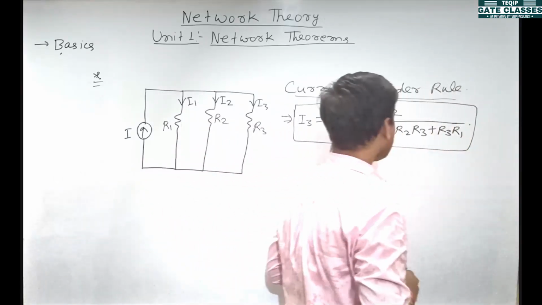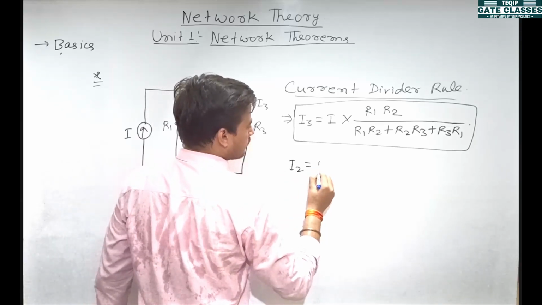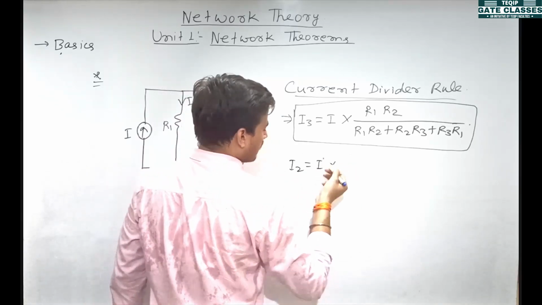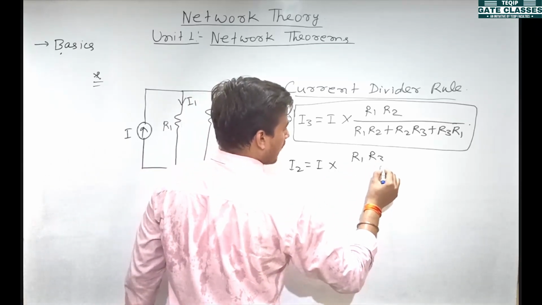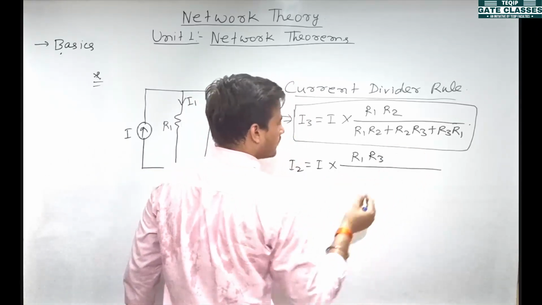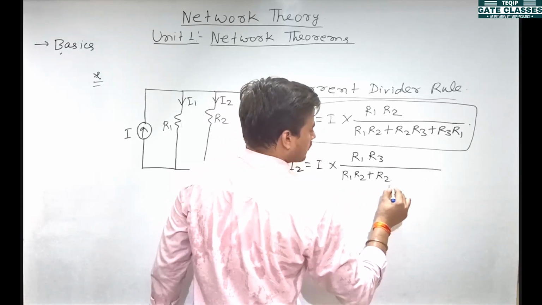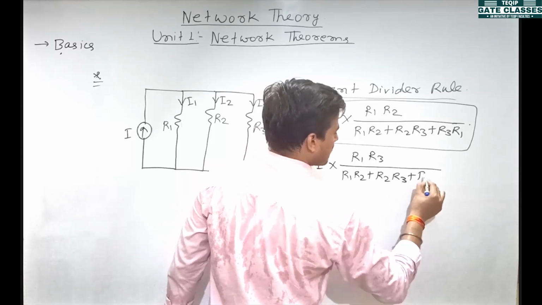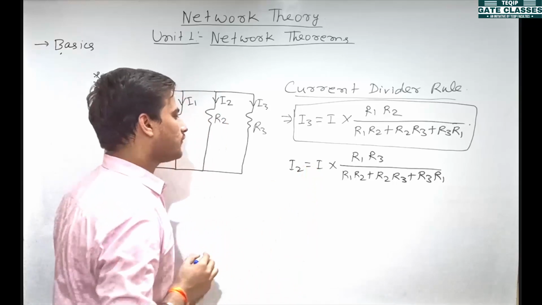Now if you have to write I2, you write I2 is equal to I into, at the numerator, R1 R3, and the denominator will be the same, that means R1 R2 plus R2 R3 plus R3 into R1. Clear? This will be the value of I2.